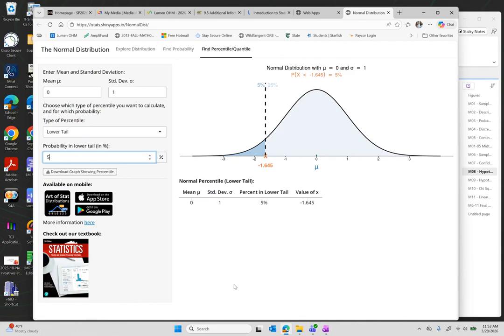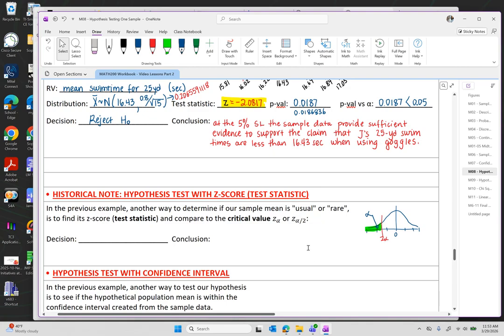So in this case, the critical value will be negative 1.645. This is the z-score that cuts the values of standard scores into the rare events.